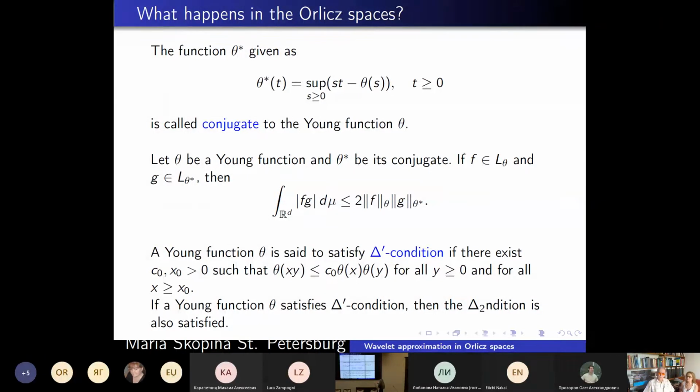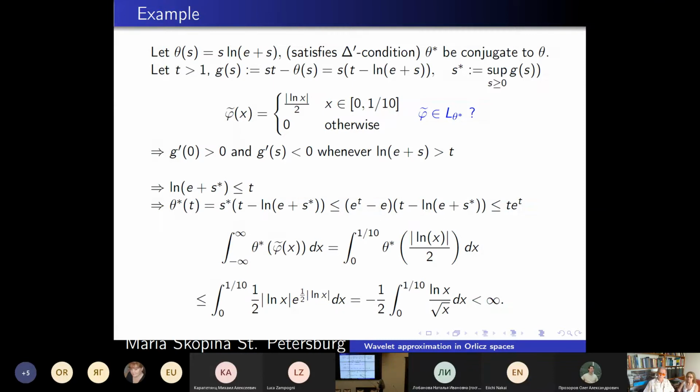If it is satisfied, then the delta 2 condition is also satisfied. But I could not prove such a simple thing. But later, I found a counterexample, theta as a logarithm function.